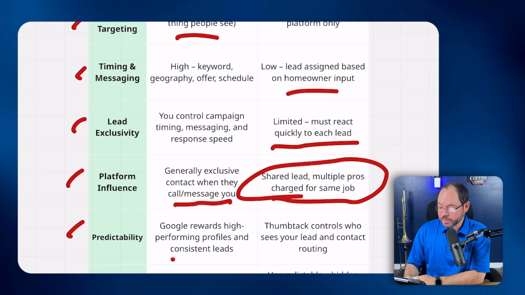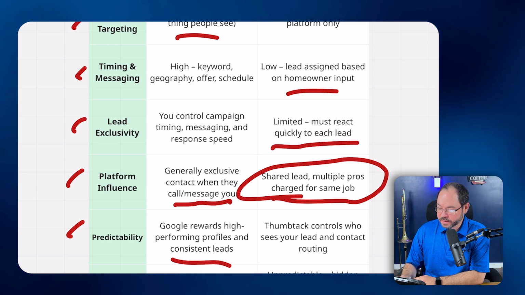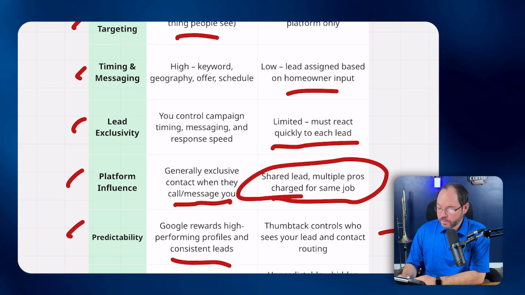Next, we'll talk about predictability. Google rewards high-performing profiles and consistent leads. Thumbtack controls who sees your lead and the contact routing. Google wants you to provide a great experience because they're going to show your business more to people who have a great experience, right?